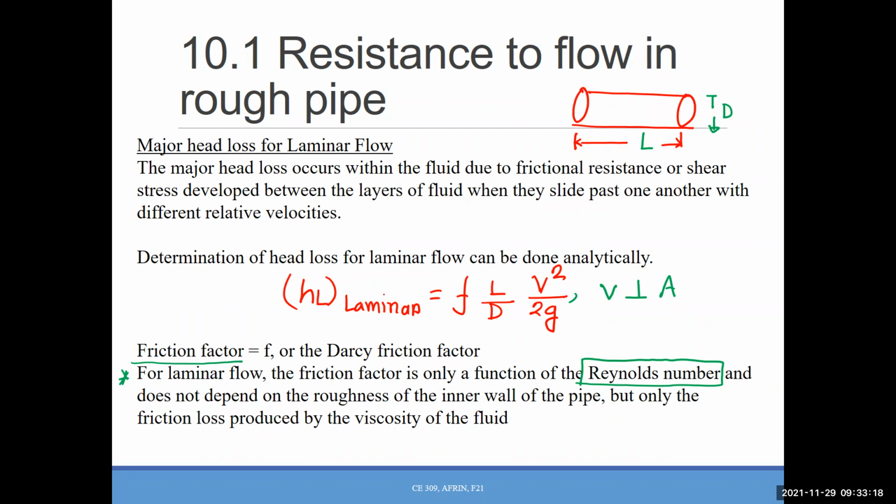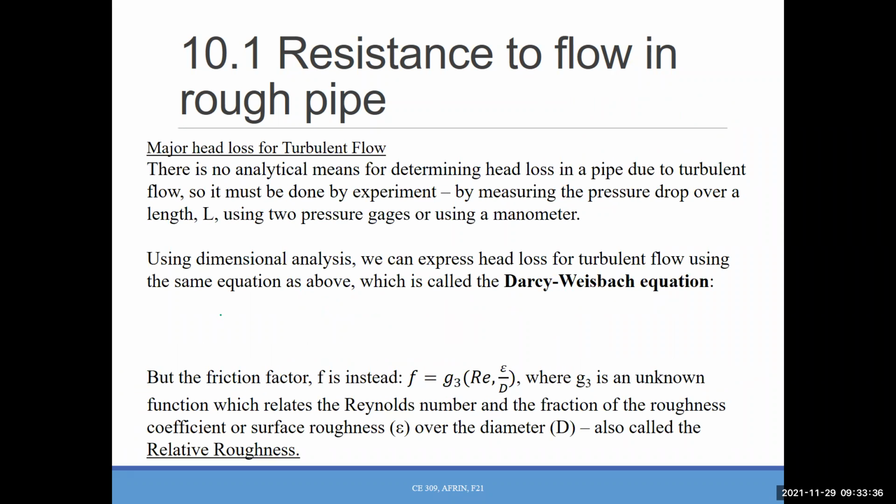For turbulent flow, we will have kind of the same equation, but that equation was developed from experimentation. So there is no analytical basis for that. Is everyone done with this equation here? Okay, so again, head loss equals f L over D times V squared over 2g, the same equation again.